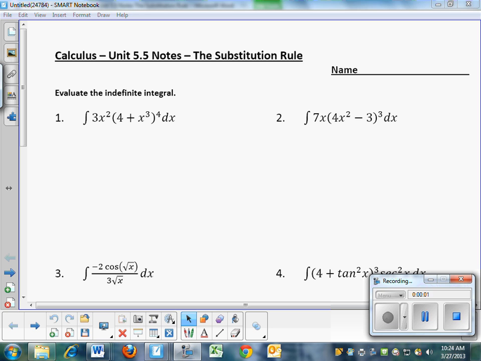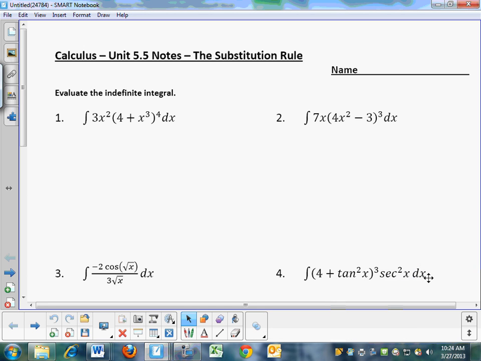It's the substitution rule. To help you out with the rest of your calculus career, raise your hand if you plan on taking calculus 1 next year. Okay, probably about 10 of you.